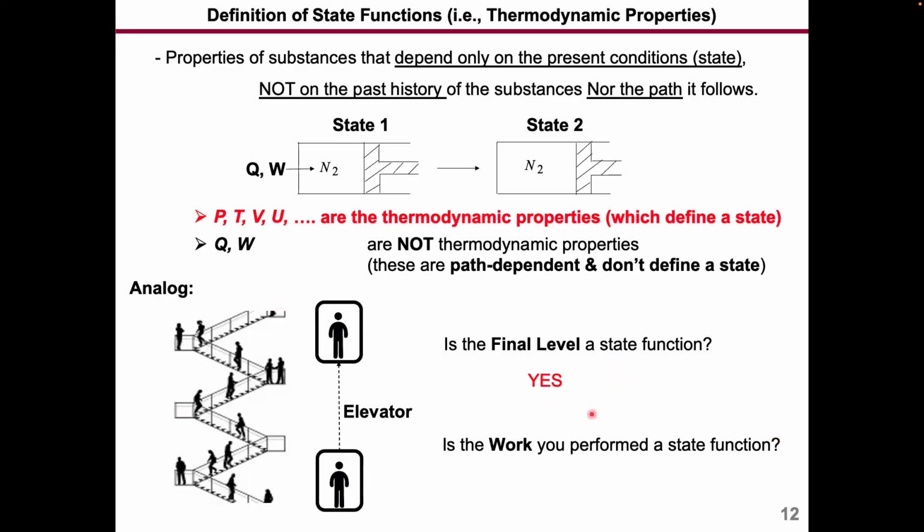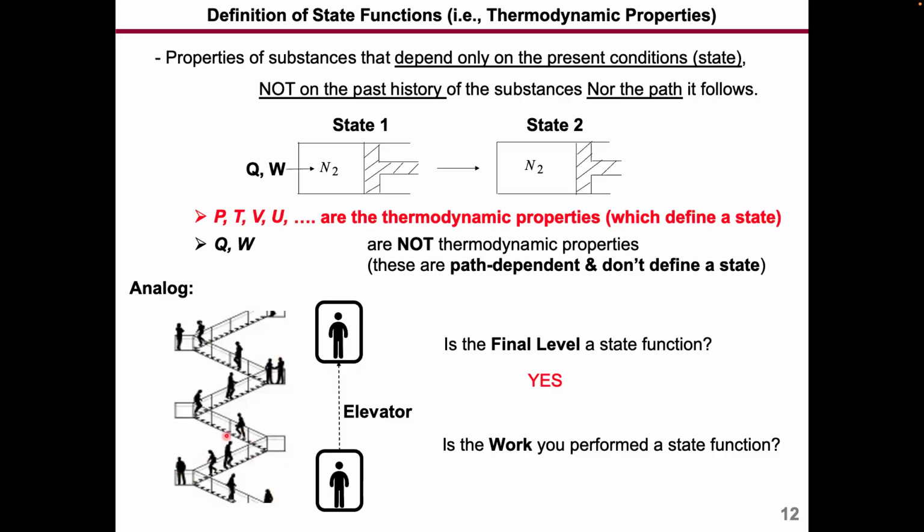Now let me ask: is the work that you perform a state function? This is analogous to the work that you perform between state 1 and state 2, okay? Within the elevator route, I'm not performing any work, but for the stair route, I may sweat after climbing 3 floors.